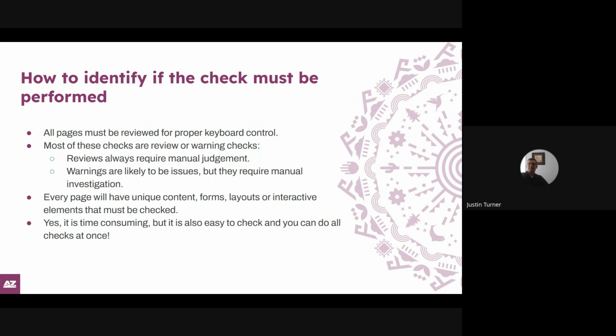The easiest way to clean up a lot of review items and accessibility potential issues for a page, if it's not really needed anymore, is to unpublish that page. So take advantage of this opportunity while you're doing the keyboard checks to also just audit your content and see what's needed, what's not needed.